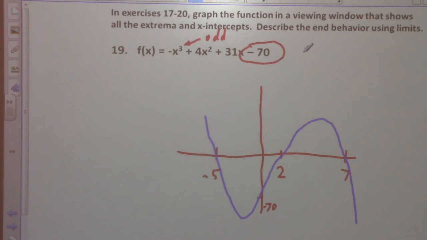What are going to be our end behavior? Limit as x approaches infinity of f of x is negative infinity, and then the limit as x approaches negative infinity of f of x equals positive infinity. Okay. All right.